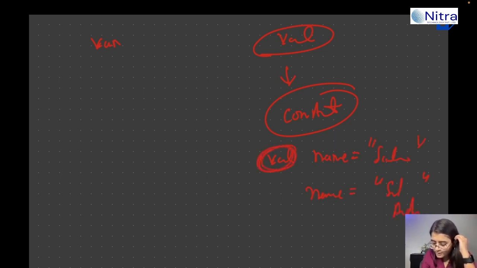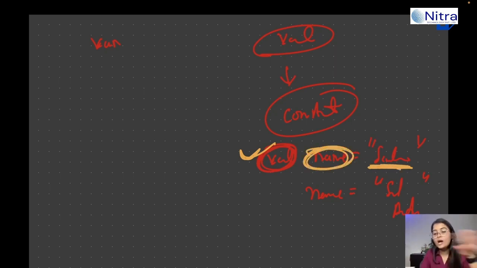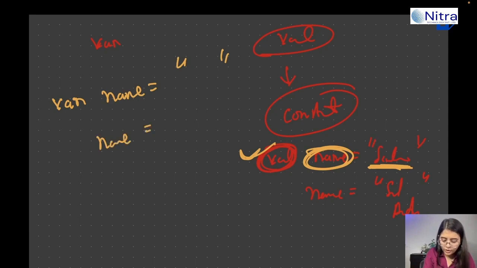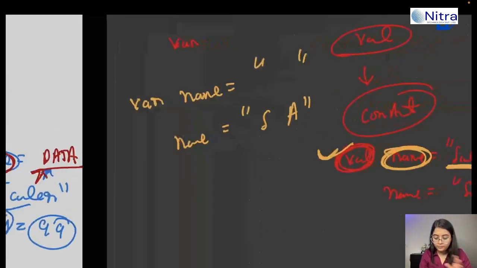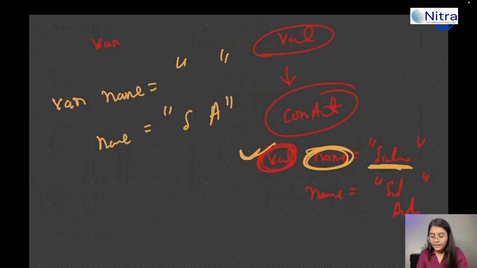Because val is constant. If you are creating something using val, that means in the entire project the value of this variable will not change. If you want to make it changeable, then var name = "scalar", and later in the project you can rename it to scalar academy. Perfect. So var and val is a very important concept in Kotlin.